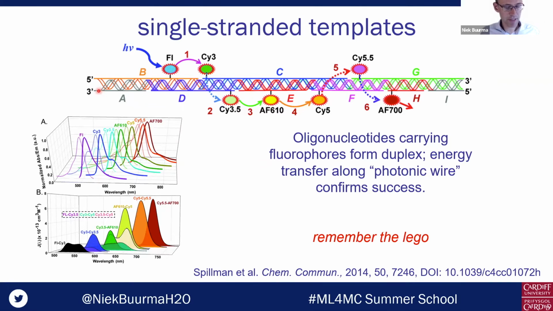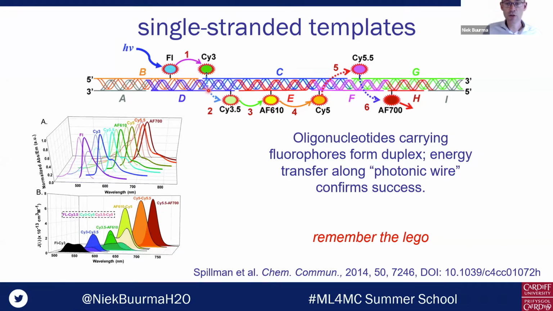We have a little bit of DNA, strand A, and it forms a duplex with strand B, but strand B contains this particular fluorescent molecule. But then the little bit of B that is a bit too long can form a duplex with strand D, which also contains a fluorophore. But that can then also overlap with strand C. You continue E, F, G, H, and I.